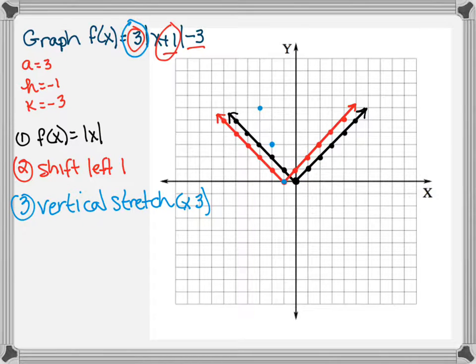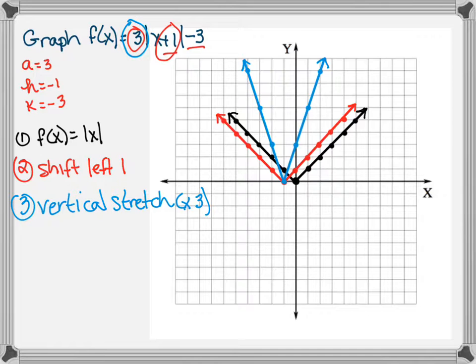And then my point that's at negative 3, 2, I'm going to triple the distance and make it negative 3, 6. And I will continue tripling the distance that the red points are from the x-axis. And that leads me to this blue function. So this blue function is the absolute value function shifted left 1 and vertically stretched by a factor of 3.